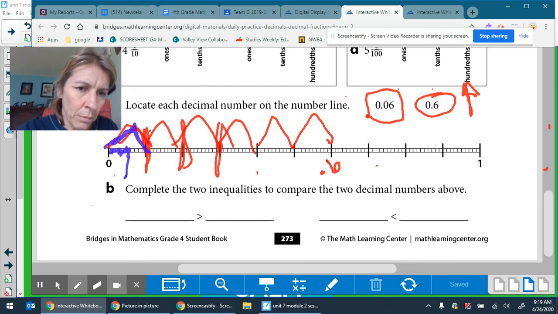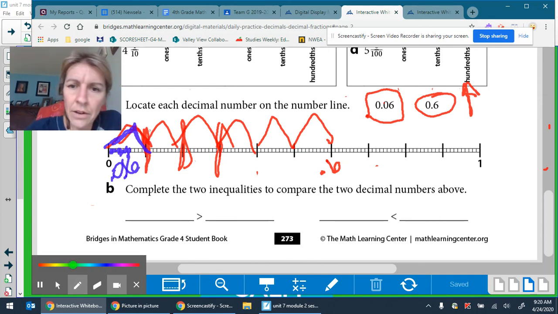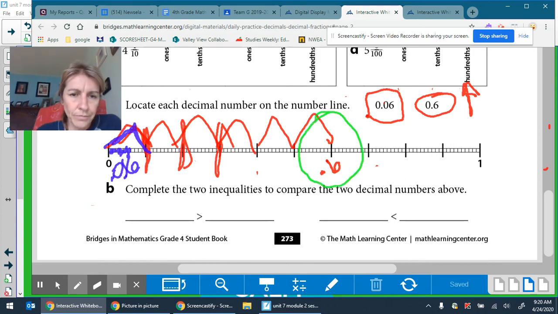Falls right there. 0.06. Yours is going to look so much better than mine. But that's where 0.06 would fall, or 6 hundredths. So as we look at it moving across this number line, we can see which one's greater. It's clearly 60 hundredths.